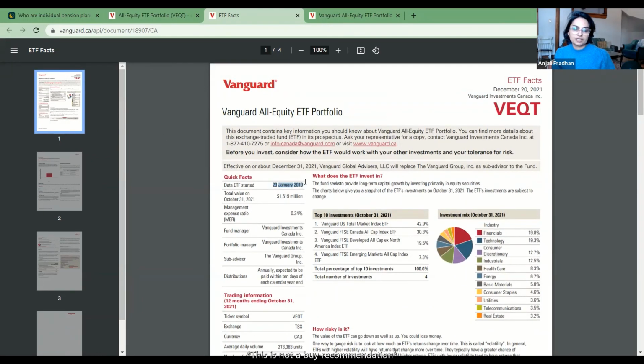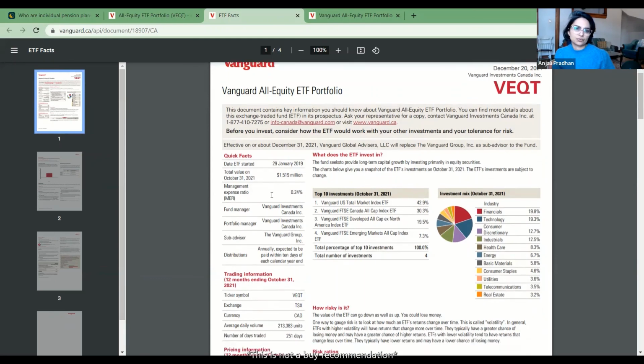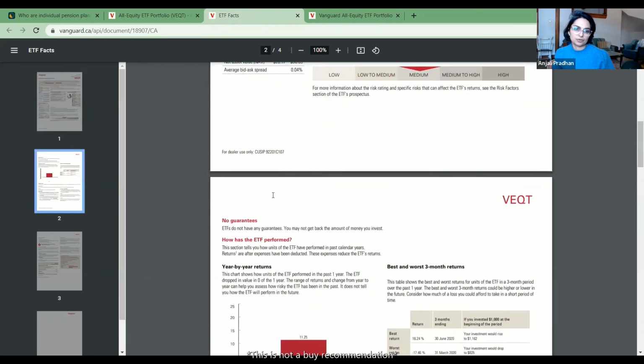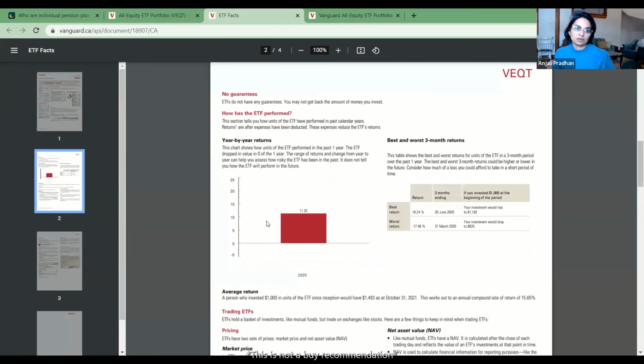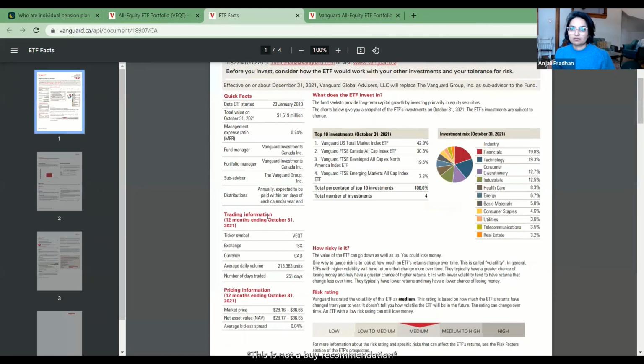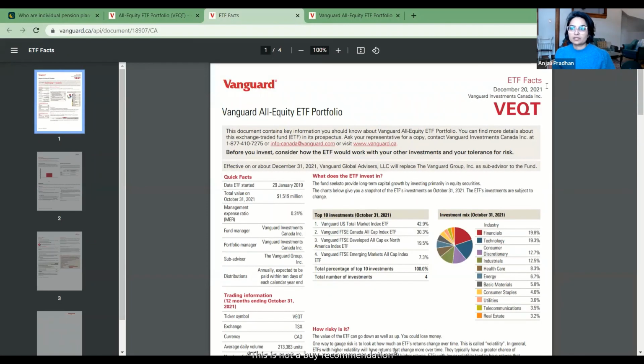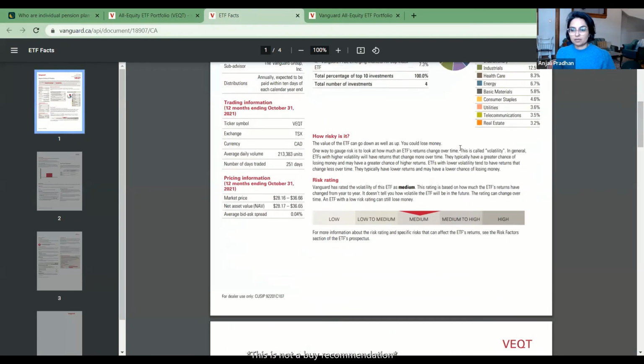The ETF start date is January 2019, so 2019, 2020, there's almost 3 years of returns. I don't know why they're just showing 1 year. Maybe this is not up to date. Oh yeah, it's December 2021. Okay, they haven't updated this.